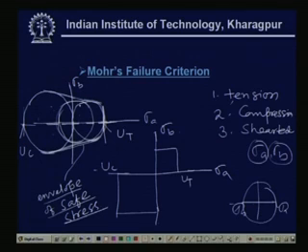So if we plot the results where sigma A and sigma B have opposite signs, then just like the maximum shear stress theory, we will again get these two lines. One is the sigma A tension test and the sigma A compression test, two values.